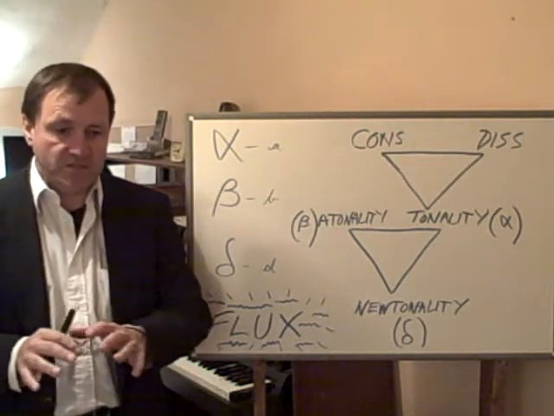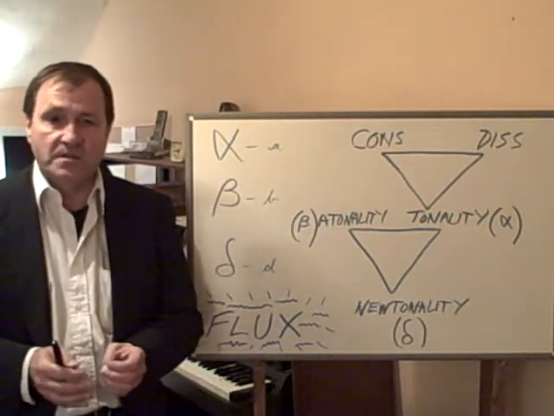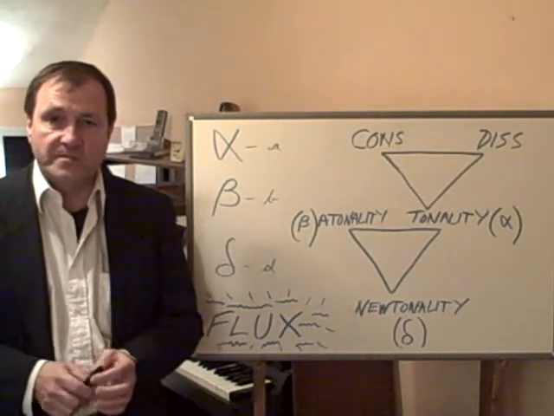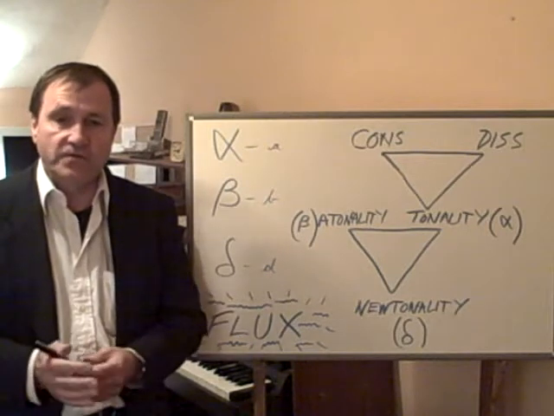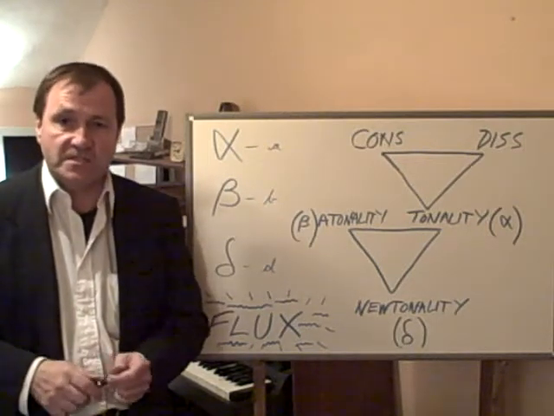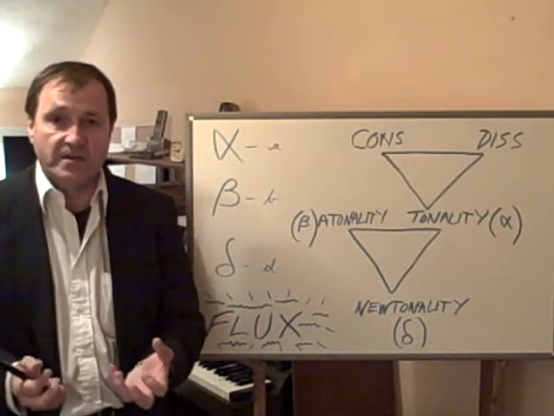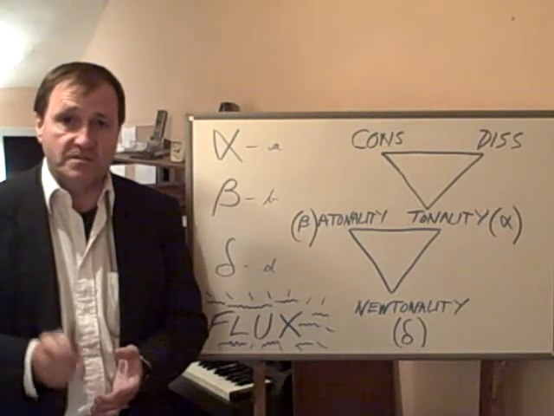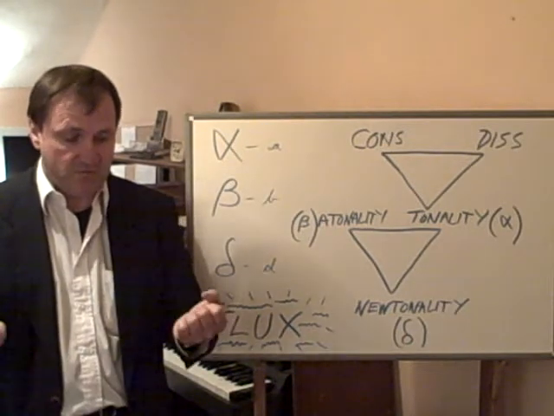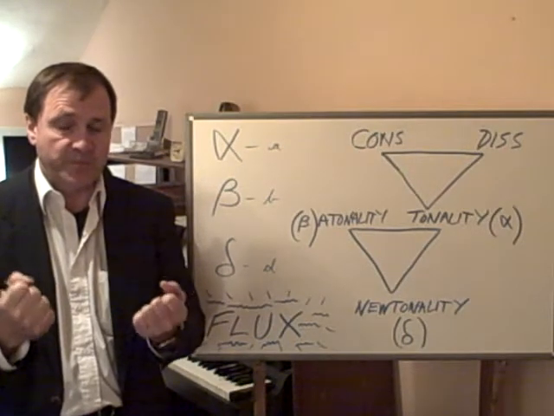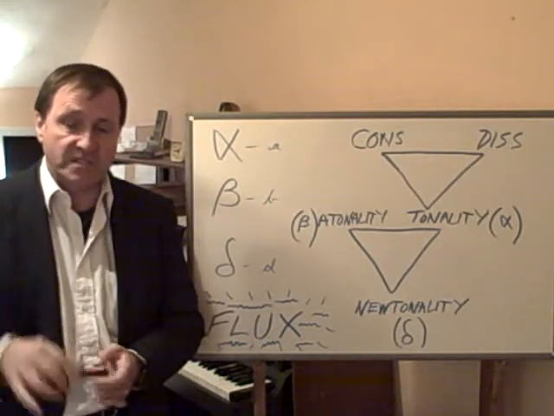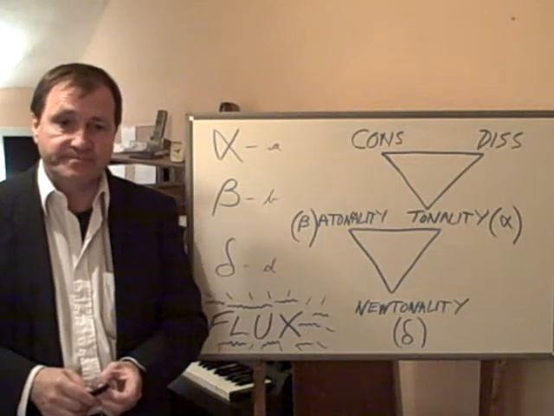What we need is a universal definition of atonality. But it turns out that you can't have a universal definition of atonality unless you first have a universal definition of tonality, because the two forces are diametrically opposed and one precedes the other.